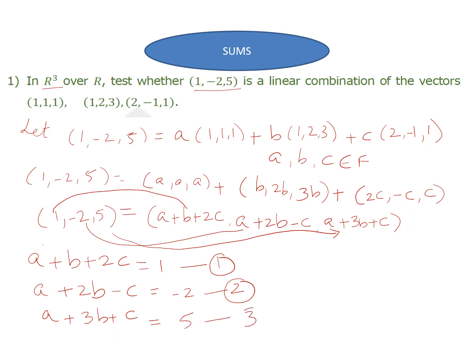So three equations with three unknowns A, B and C. Once we solve, we get the values of A, B and C. A is -6, B is 3 and C is 2.